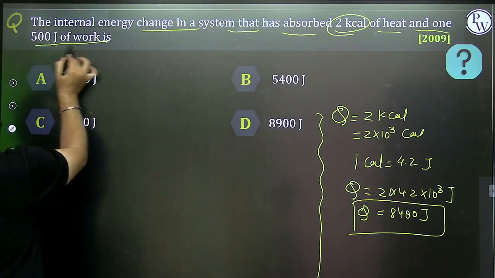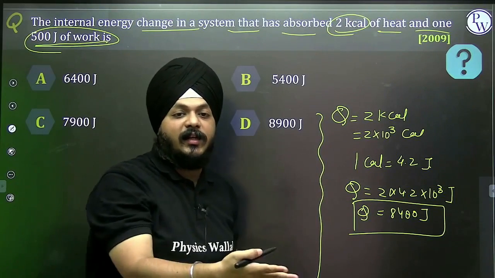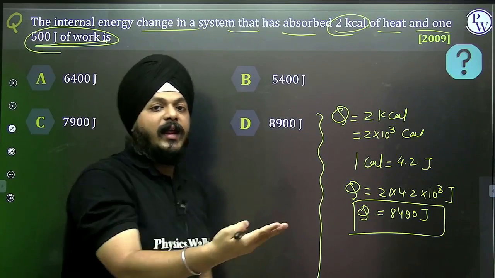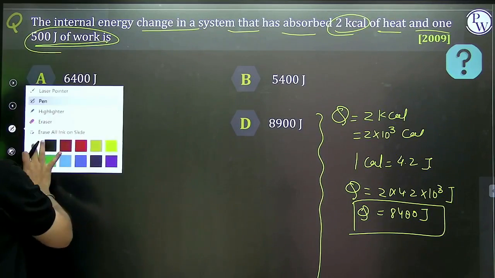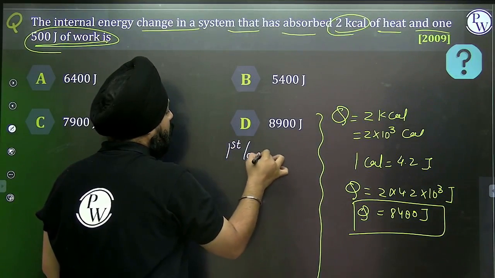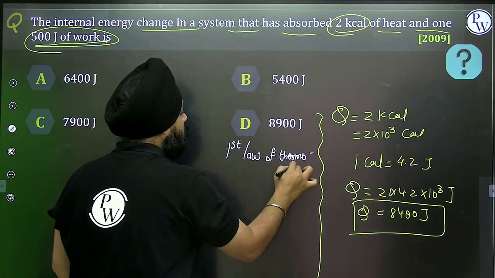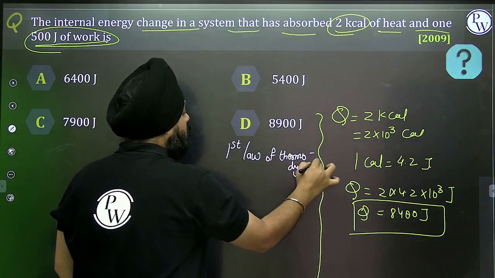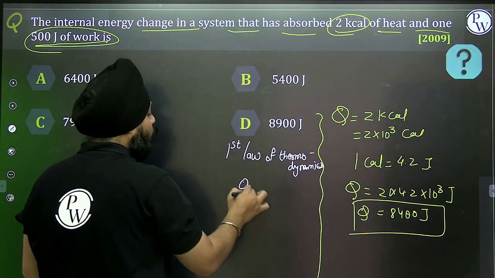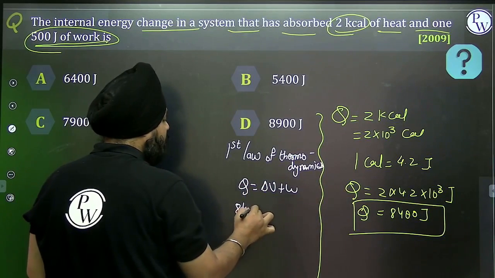Total amount of heat absorbed by the system is 8400 joule. Now 500 joule of work is done. We need to calculate the change in internal energy. Simple, directly according to the first law of thermodynamics, Q is equal to delta U plus W. What is Q? 8400.